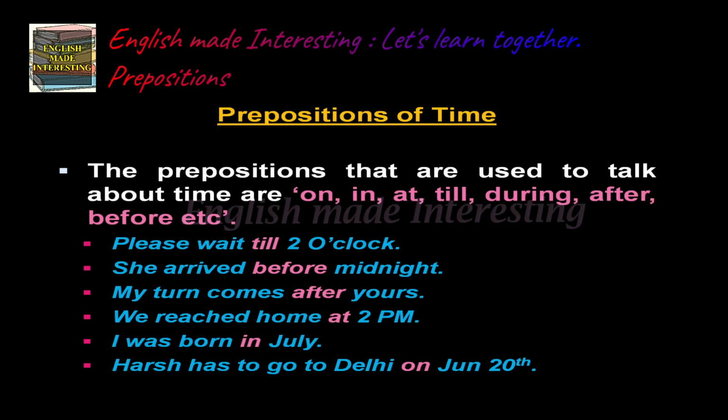She arrived before midnight. My turn comes after yours. We reached home at 2 p.m. I was born in July. Harsh has to go to Delhi on June 20th. So these are the prepositions of time being used.